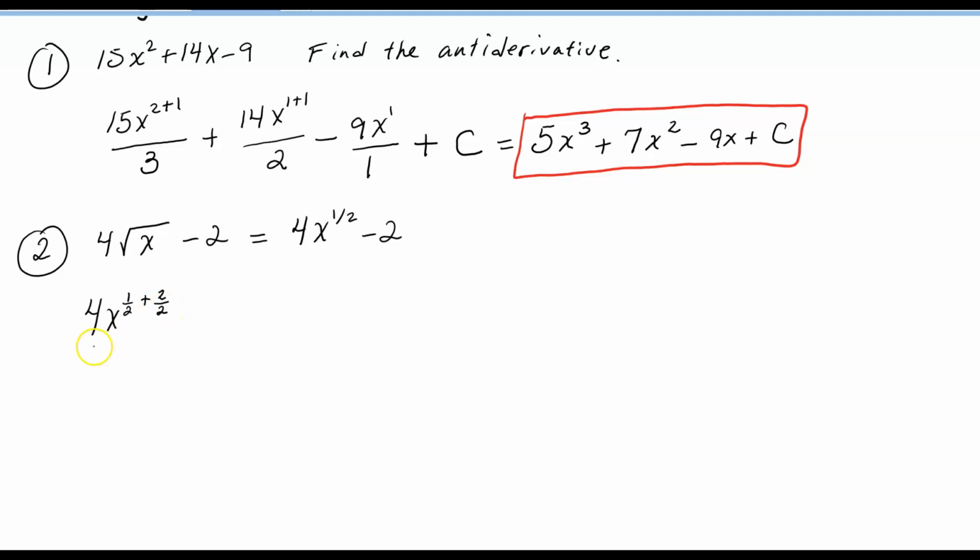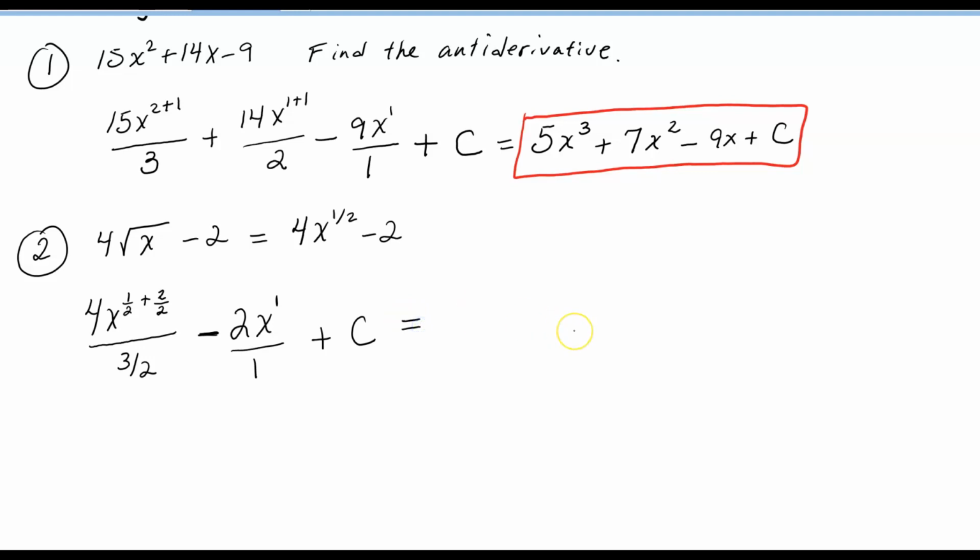And now I'm going to divide by that new power, which is 1/2 plus 2 over 2, or 3 over 2. Then I'm going to subtract, and as in the previous example with the -9, I'm just going to tack on an x to the first power and divide by 1 with the -2. And of course I cannot forget about my constant of integration.